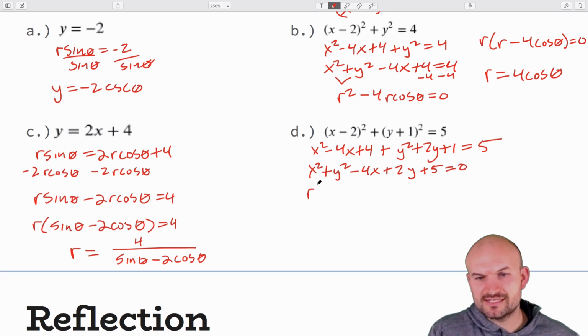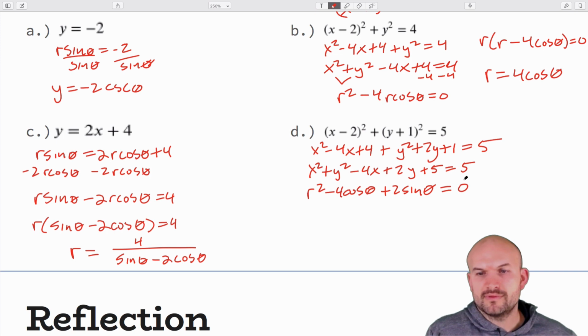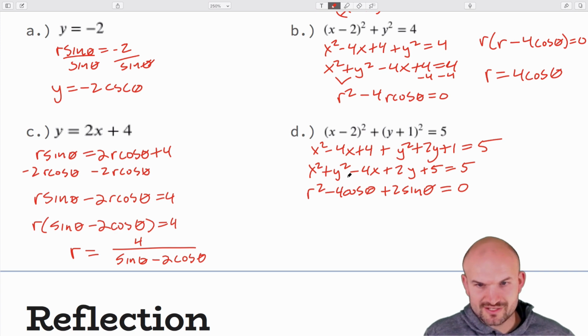Then I can rewrite this as r squared minus 4 cosine of, why am I doing x? I don't want to confuse you. Let's use theta, plus 2 sine of theta, equals 0. You can just subtract the 5s. And then I forgot my r's.